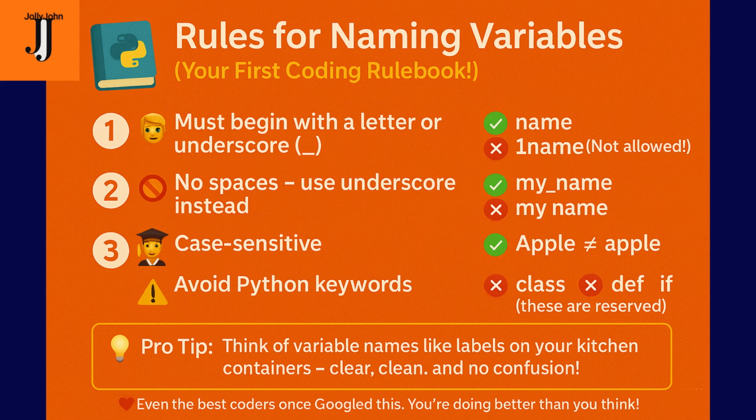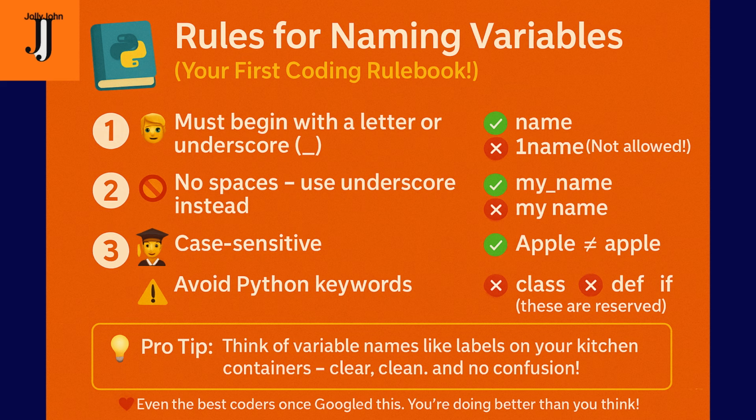Just like when you give a name to your child, names should not start with a number. Correct? Yes. Second rule, no spaces in variable names. Use an underscore instead. You can see I have given an underscore name. A space name you should not give.